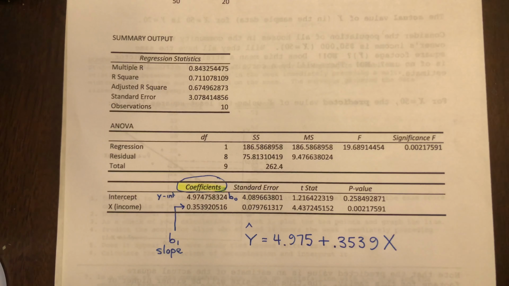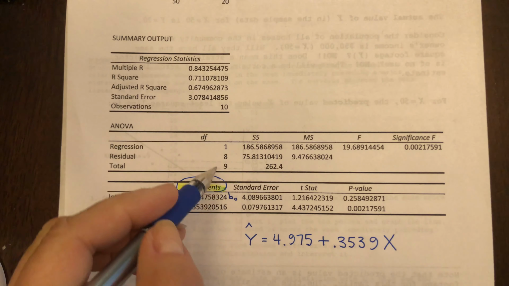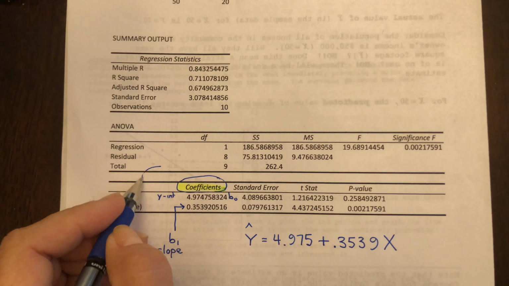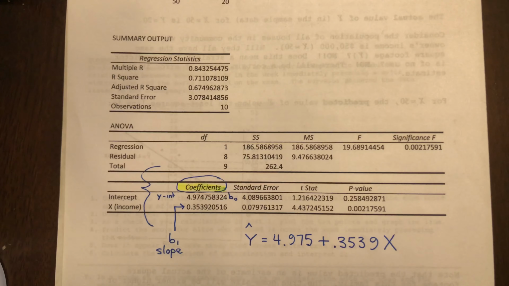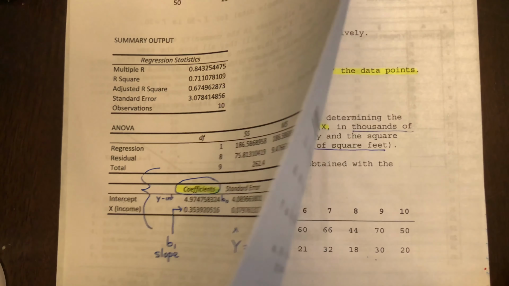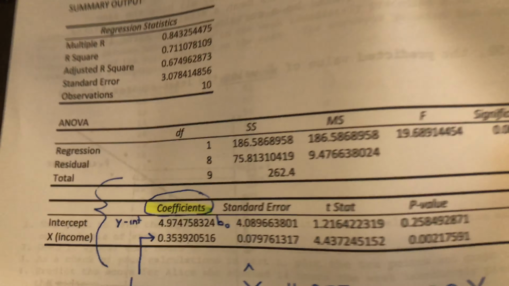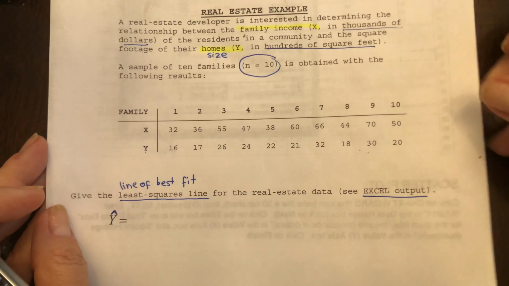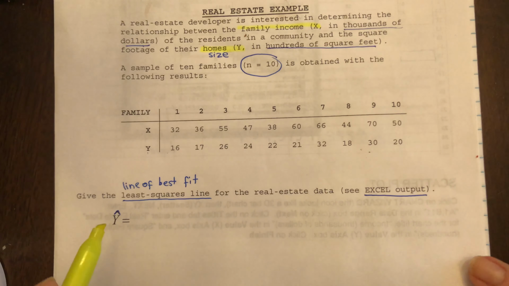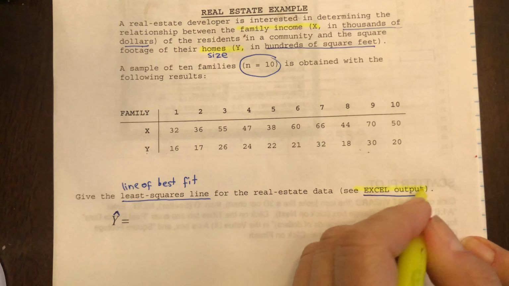So if I go back to the previous page, this is where I'm getting this information from. We don't have to do the calculations. I'm going to go back to the first page where I ask you to give me the line, and I ask you to do that from Excel. Okay, so let's go back to the first page, and it says give the least squares line from your Excel output.